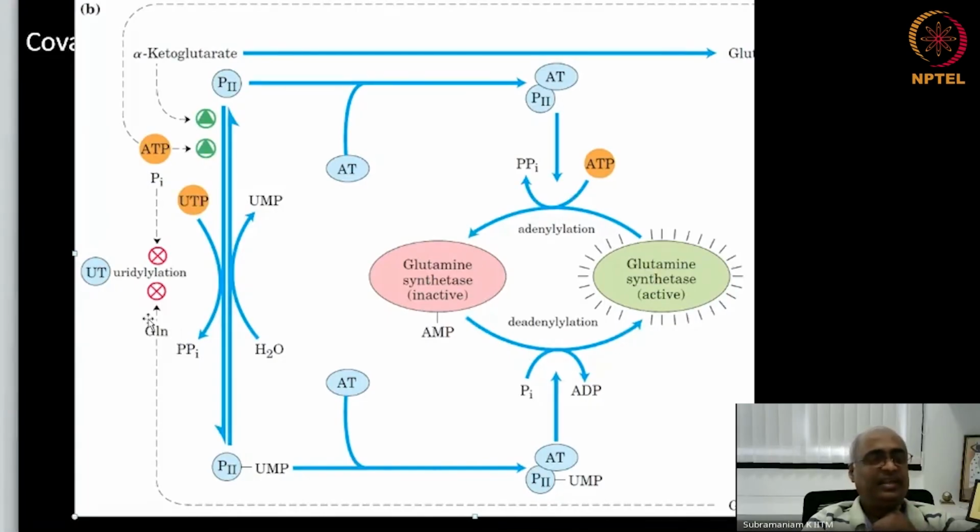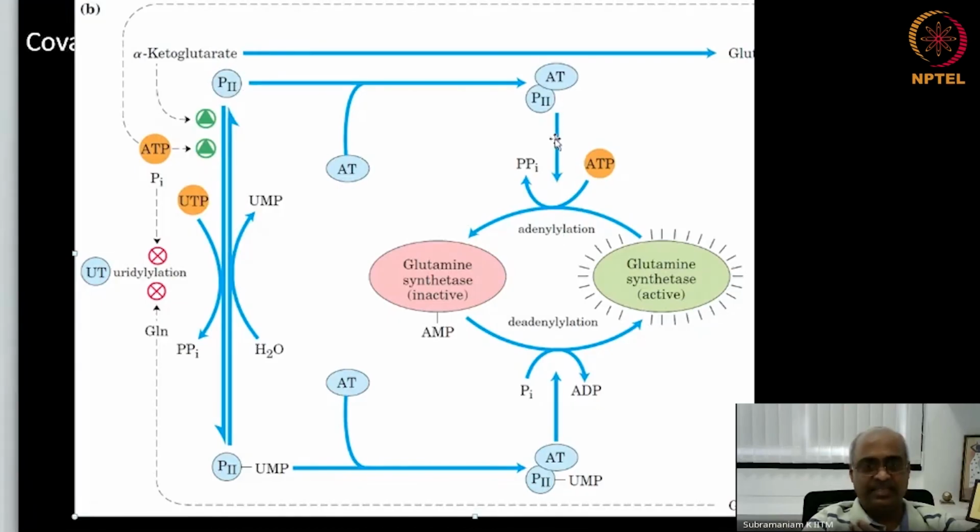On the other hand, similarly, if you have inorganic phosphate, meaning ATP is not available, most of it is in hydrolyzed form, and that also inhibits it. But if you have a lot of ATP and a lot of this keto acid available, then you can go ahead and make more glutamine, and they are going to promote the deuridylated form.